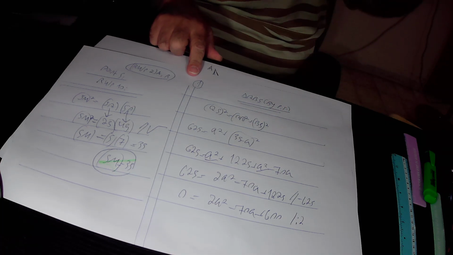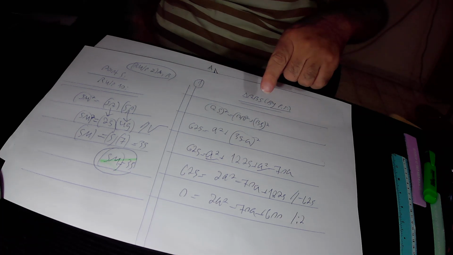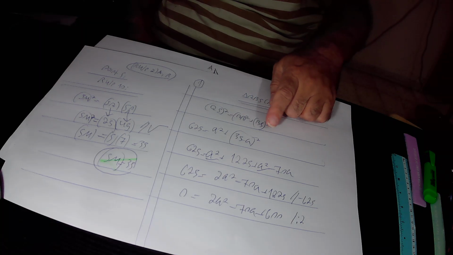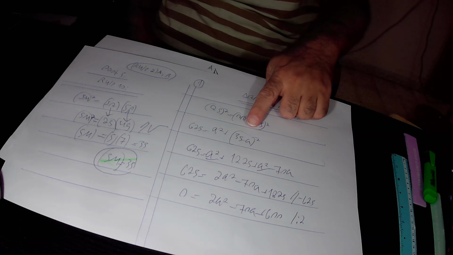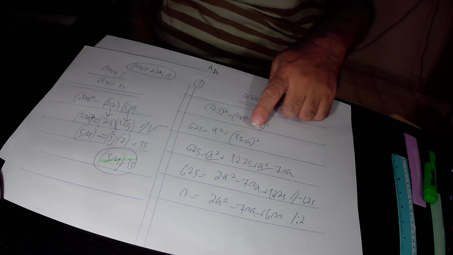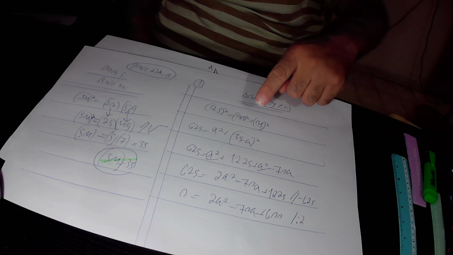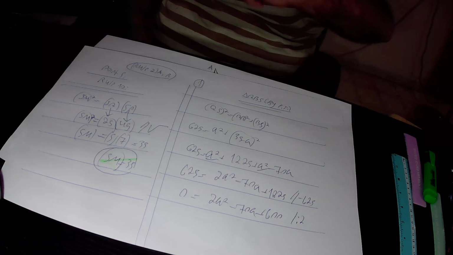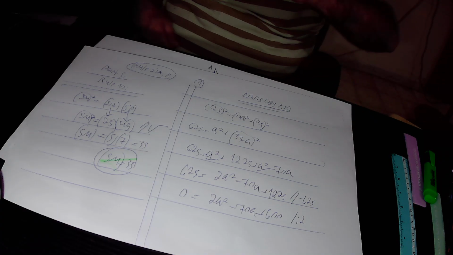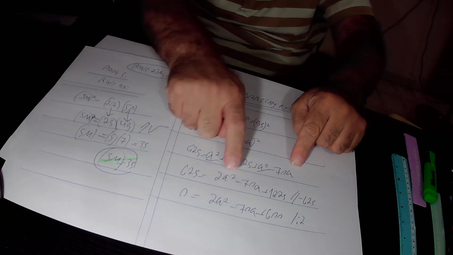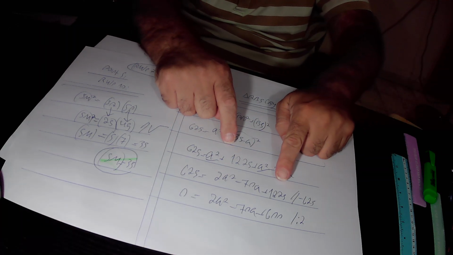So 625 equals 8 squared plus (35 plus a) squared. We will open the brackets of this expression and find that (35 plus a) squared equals 35 squared, that is 1225, plus a squared plus 2 times 35 times a. So 625 equals 8 squared plus a squared plus 70a plus 1225.